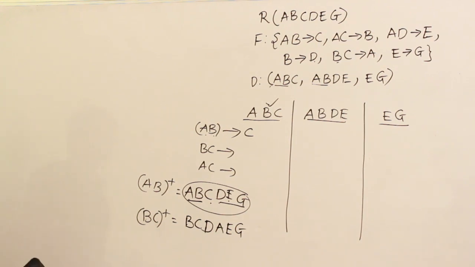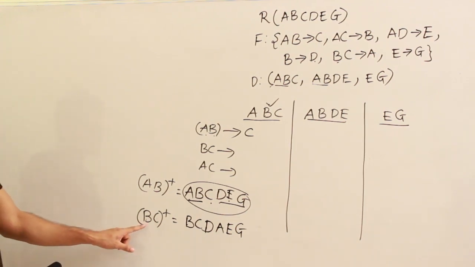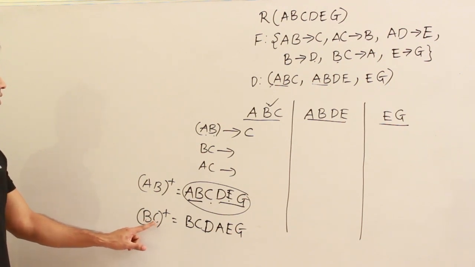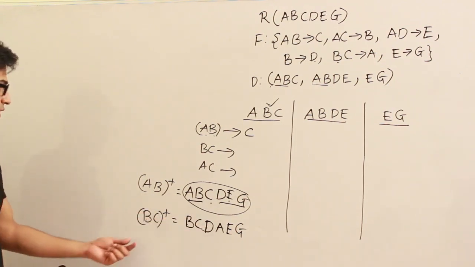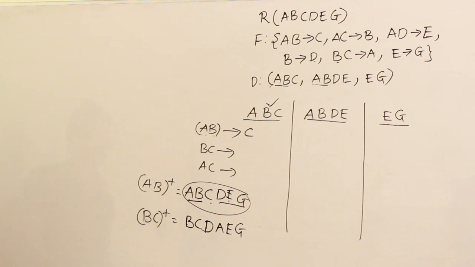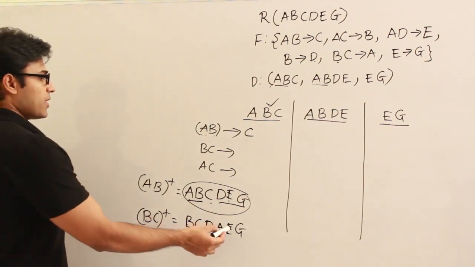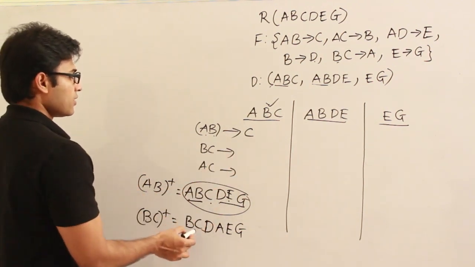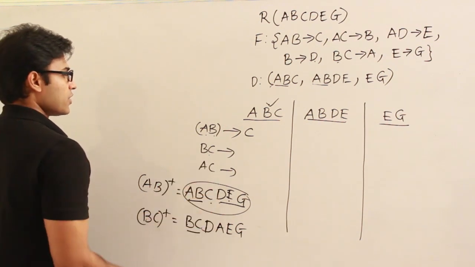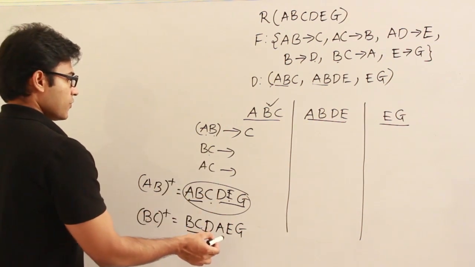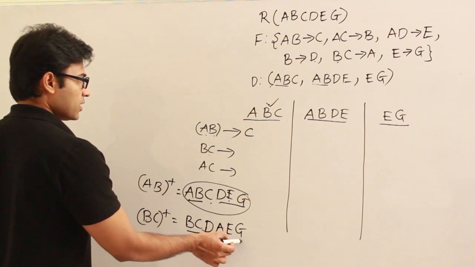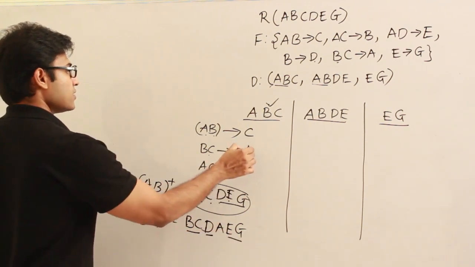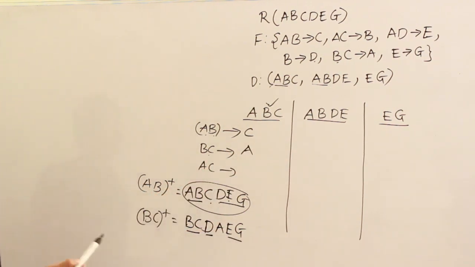It is definitely a candidate key, the reason being that only BC is able to determine everything. So it has the capacity to determine everything, but BC is already trivial, so I am not including it, and we don't have D or EG in the table, so the only thing I can write is BC. I cannot write it right there.